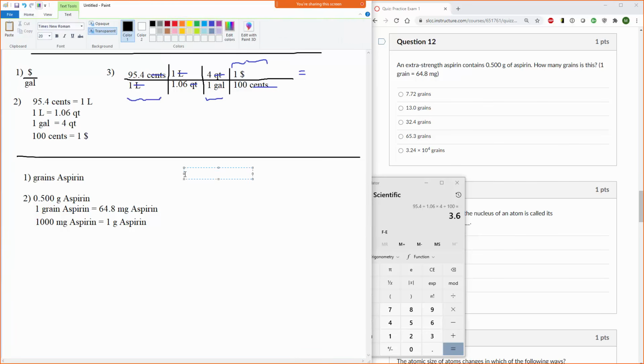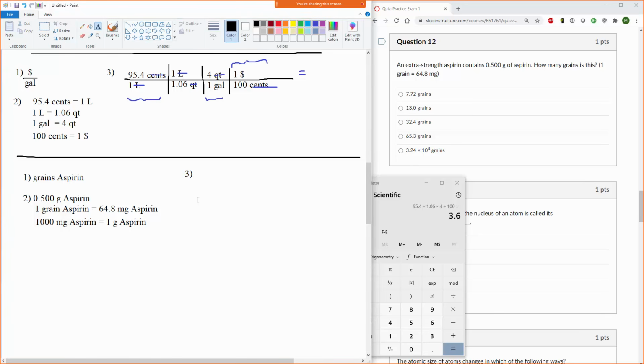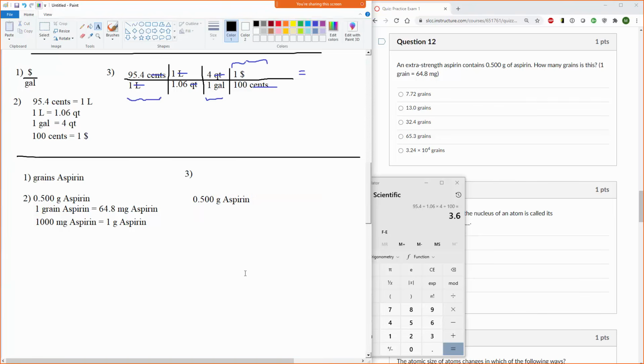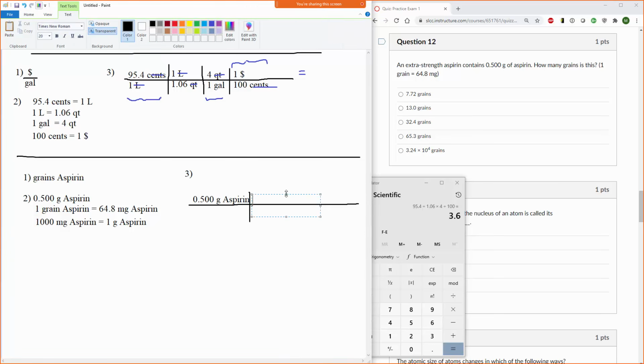So step 3. Where shall we start? Erica wants to start with 0.5 gram of aspirin. Okay, start there. Then what shall we do? David wants to do milligrams to grams, and he says milligrams need to be on top.